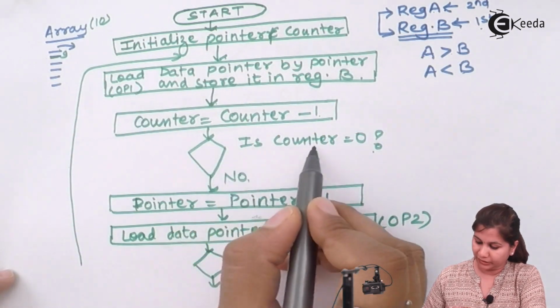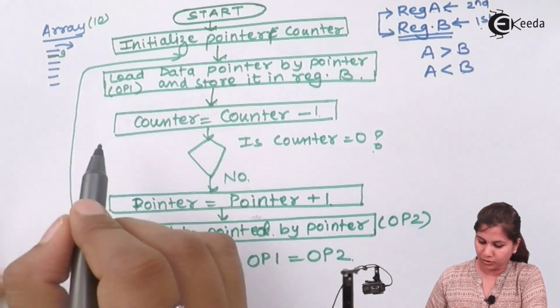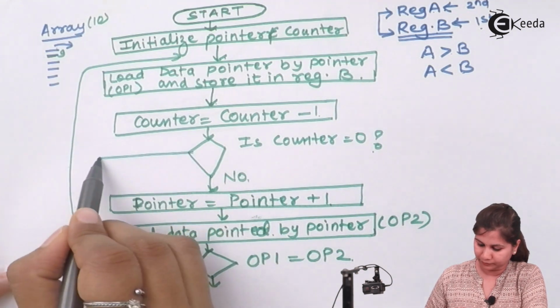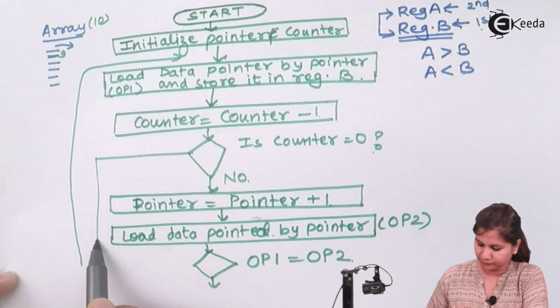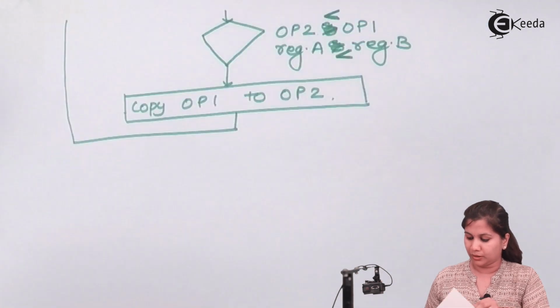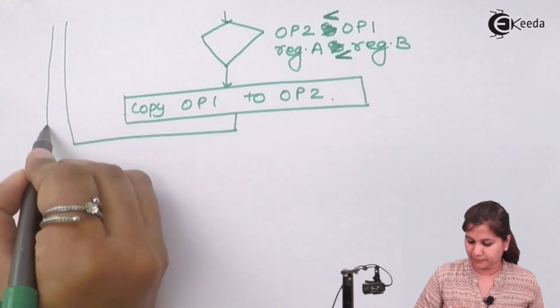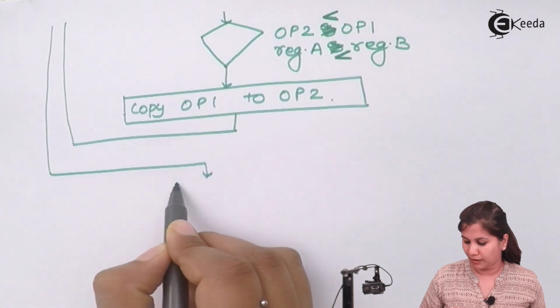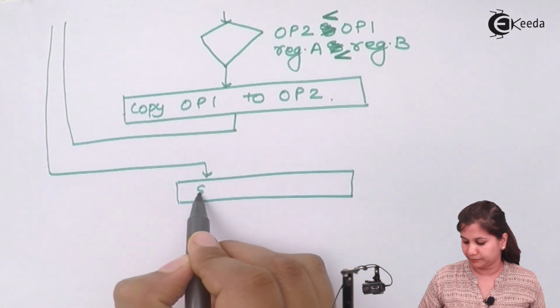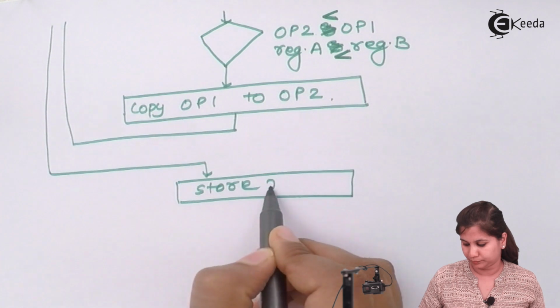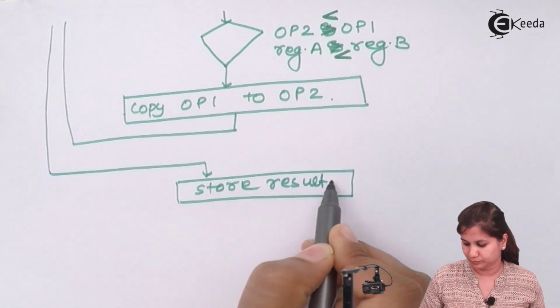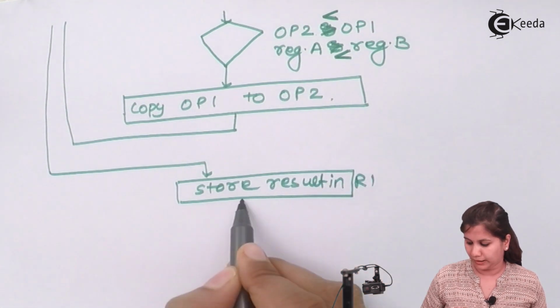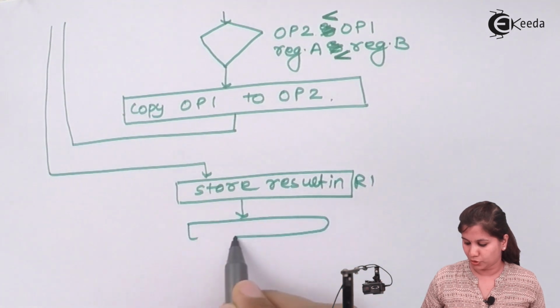Now at this point when the counter is 0, then come to the last step where you have to store the result. And then we will have the stop.